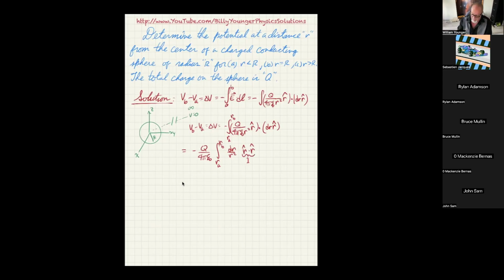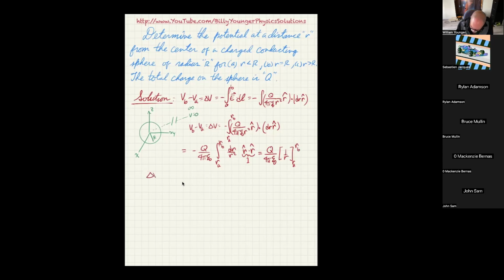So I get the integral of r to the negative 2, which would be negative r to the negative 1. So that Q is going to become positive. So I have a positive Q over 4 pi epsilon naught, and I ultimately just get 1 over R. I've already taken care of the negative, but now I have to evaluate it from RA to RB.